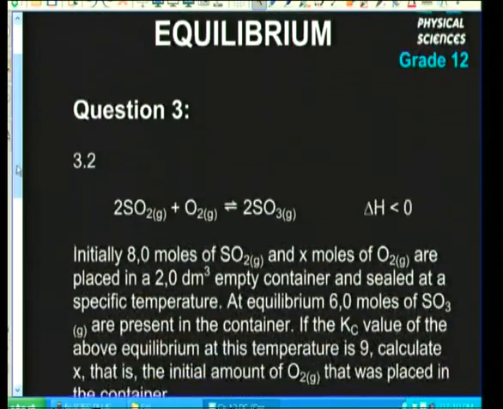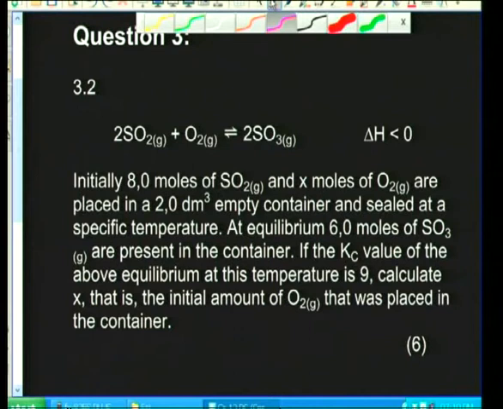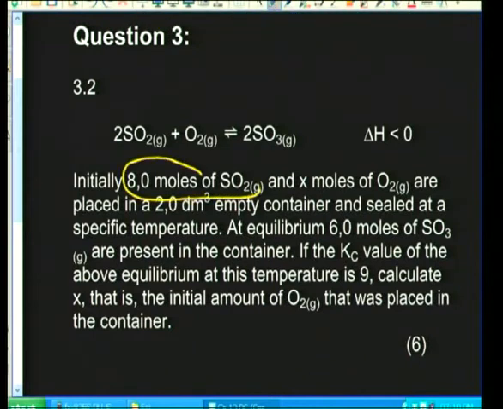Going along to question 3.2. This is going to be another Kc calculation. Initially, or at the start, 0.8 moles of SO2 and X moles of oxygen are placed in a 2 cubic decimeter empty container and are sealed at a specific temperature.